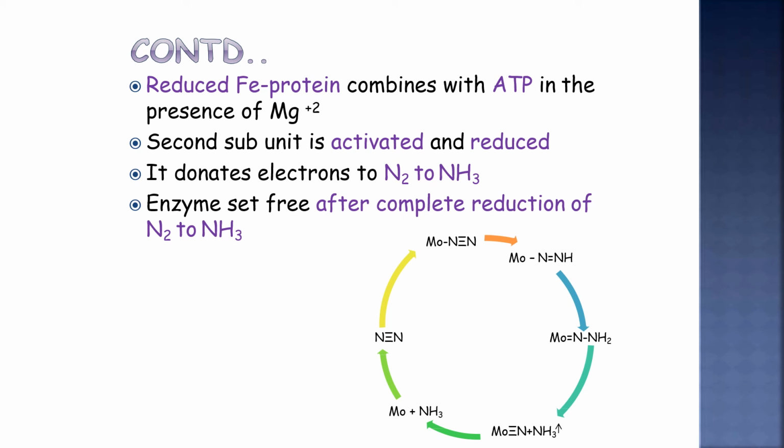Thirdly, it donates electrons to nitrogen, from nitrogen to ammonia. Enzymes are set free after complete reduction of nitrogen to ammonia. Now here you can see the table clearly, and you will understand it more nicely.